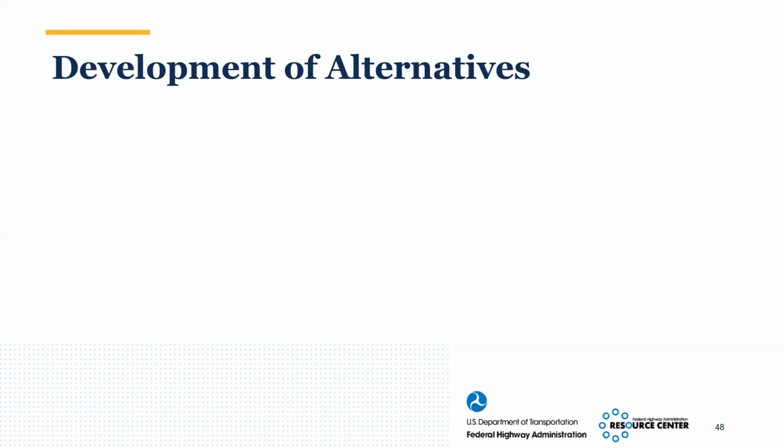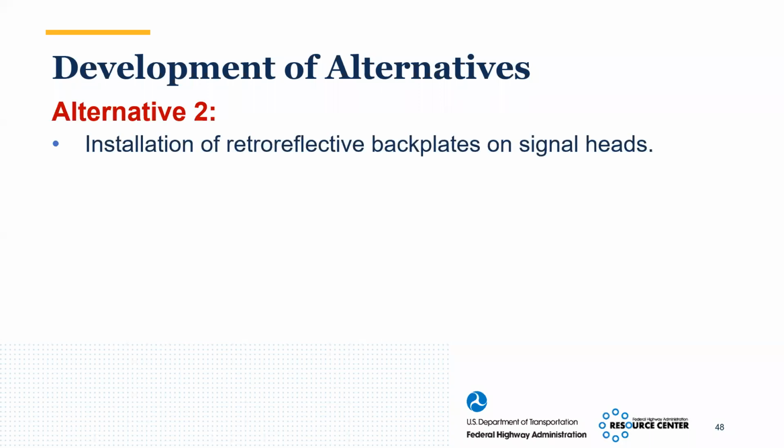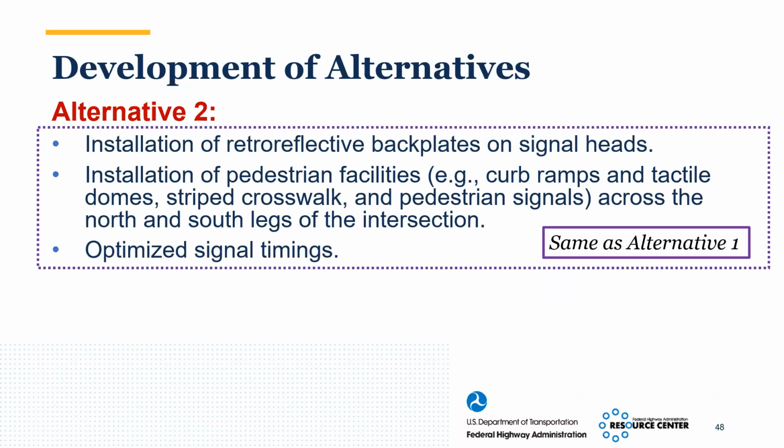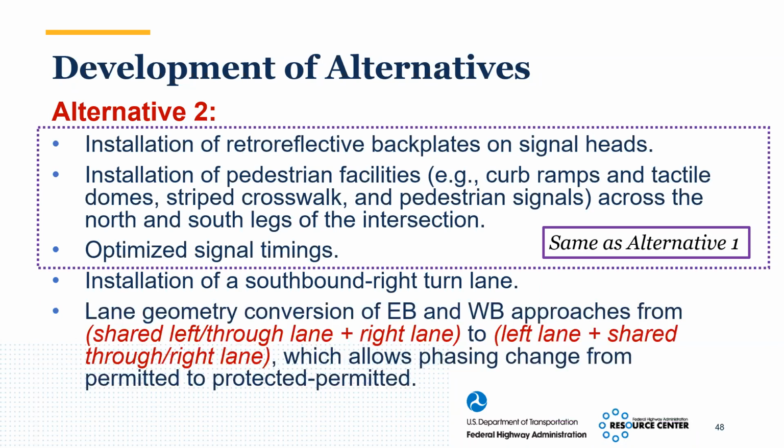Alternative 2 includes all that was in alternative 1, backplates, pedestrian facilities and optimizing signal timing, and then also some geometric design changes like installation of a southbound right turn lane, and lane geometry conversion on eastbound and westbound to allow protected permitted left turn movements.